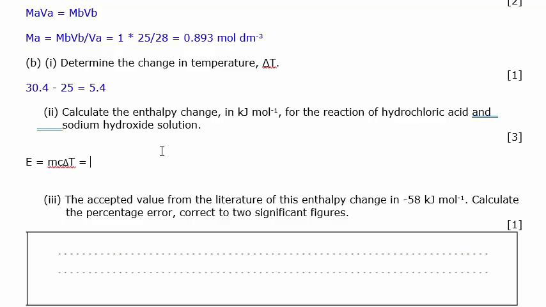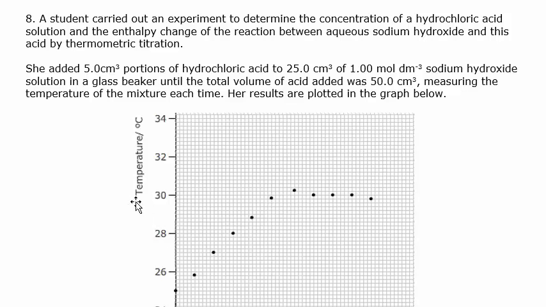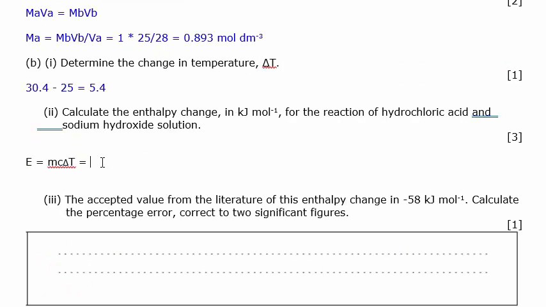So energy change. Well, the mass. Well, here we've got 25 centimeter cubed mixed at the neutralization point. There's 25 centimeter cubed of base mixed with 28 centimeter cubed of acid. Let's assume they both have a mass of 1. So here it will be, well, let's just show you my working. 0.025 plus 0.028. This is the mass in kilograms.